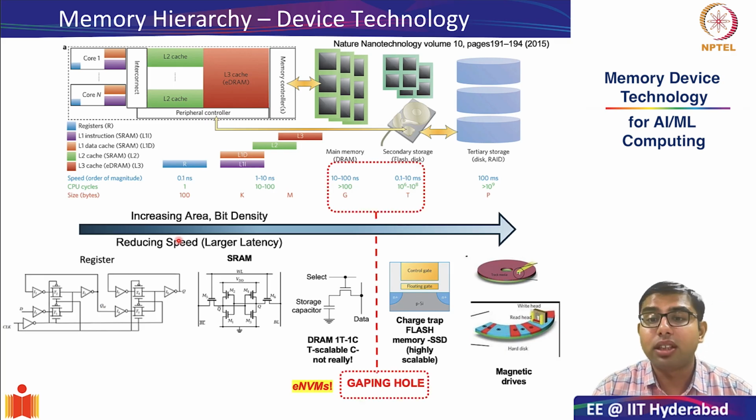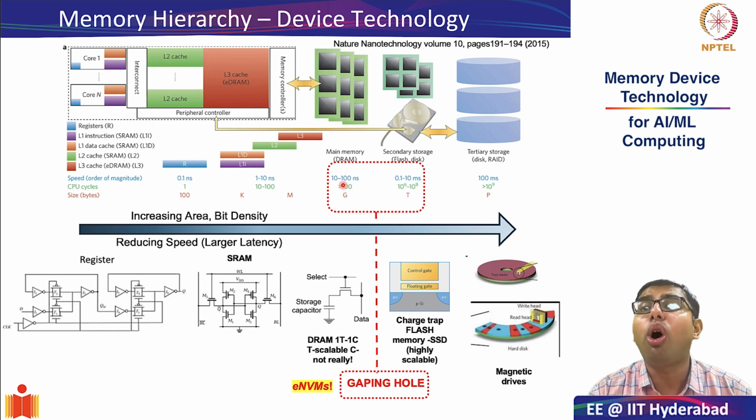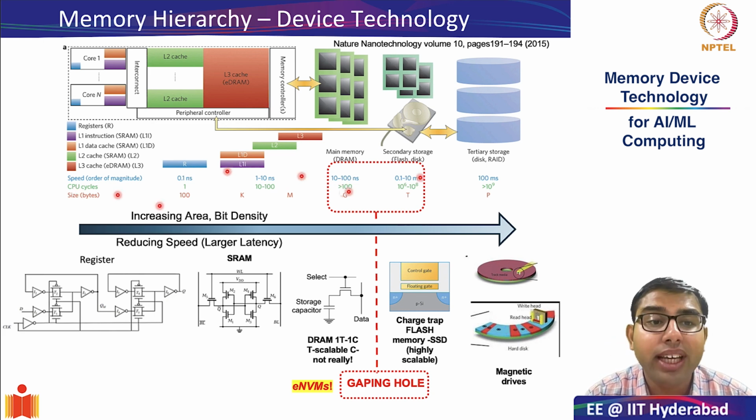Also, we discussed that while this is the traditional implementation of your computing infrastructure from a memory perspective, as you can see here also, there is a several orders of magnitude gap in the latency, whether you see it in speed or in clock cycles.